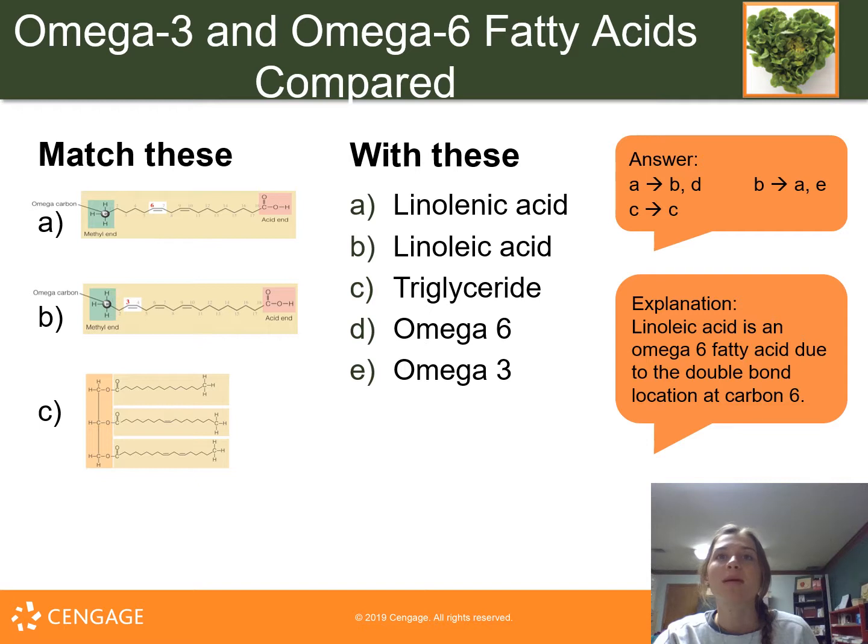And then remember that a triglyceride would be that glycerol head, which is in the darker orange, and then consists of 3 fatty acid tails. And those omega-6, omega-3, that's an example of one different kind of fatty acid tail.